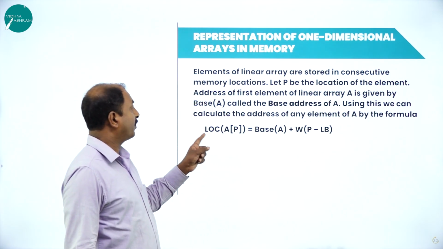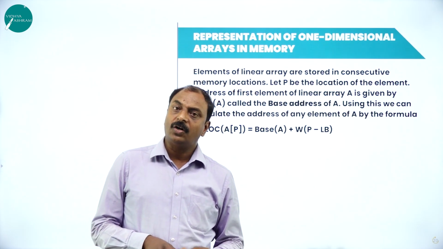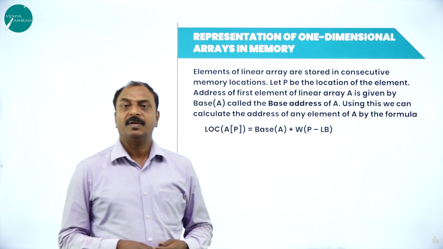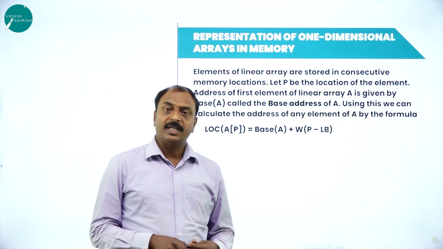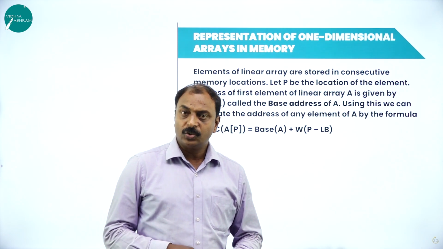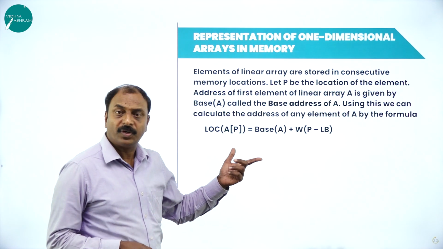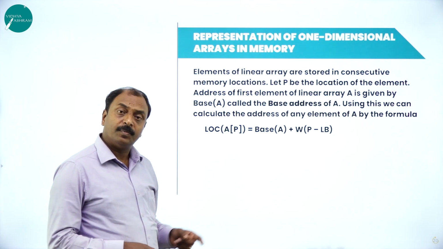With the help of this formula, it is possible for us to find the address of any element in an array. Generally, in computer memory, if you declare an array, the memory address of the first element is stored. So by using this formula, it is possible for us to find out the address of any data item in computer memory.